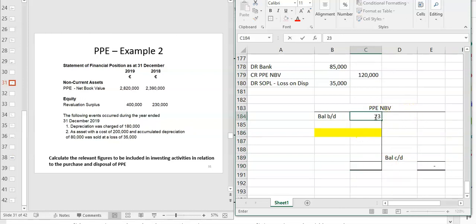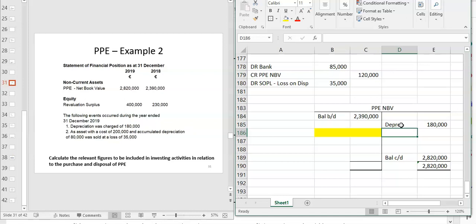The opening balance was 2390. The closing balance 2820. So we have to ask ourselves now, what moves net book value during the period? Well, one that moves it is depreciation, because depreciation will reduce the net book value, 180. Technically, it does go into the accumulated depreciation account, but these are merged together. So you have to think about it on a merged basis.